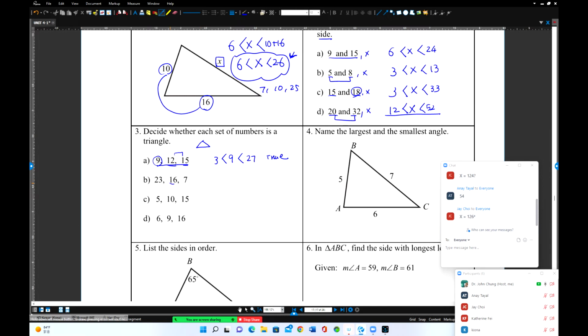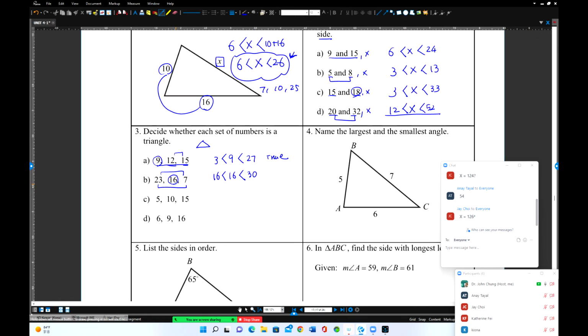This time you're going to use 16. It doesn't matter, you can choose any number: 23 or 16 or 7. Choose 16. The sum of the other two numbers, 23 plus 7, is 30. The difference of these two numbers, 23 minus 7, is 16. 16 is not greater than 16, so this is wrong.